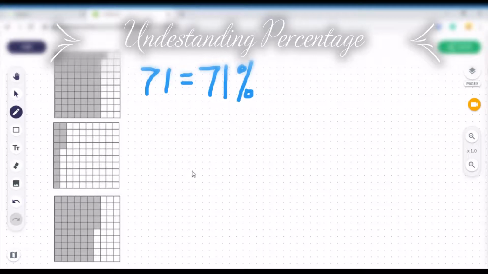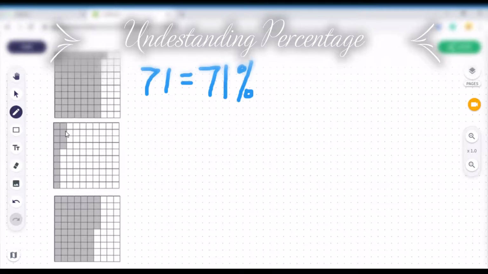In example number 2, write the percentage of the shaded squares for the given grid. Same step, let us count the shaded squares. One straight line is 10.